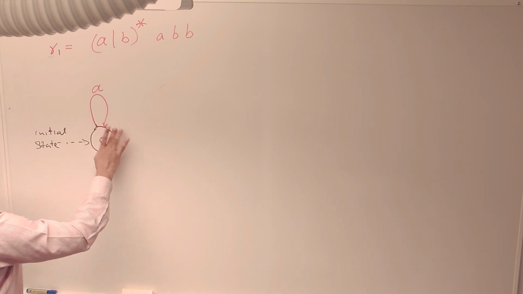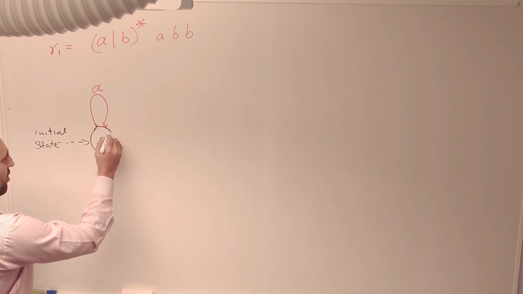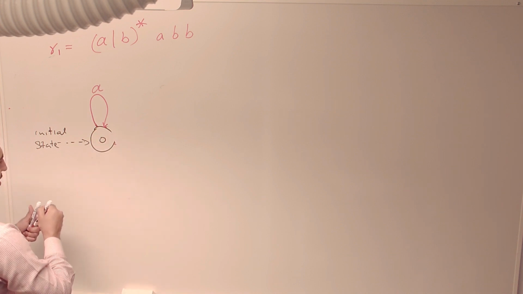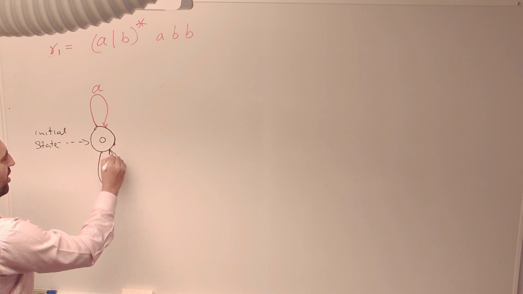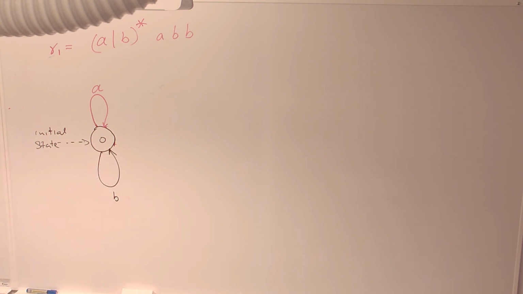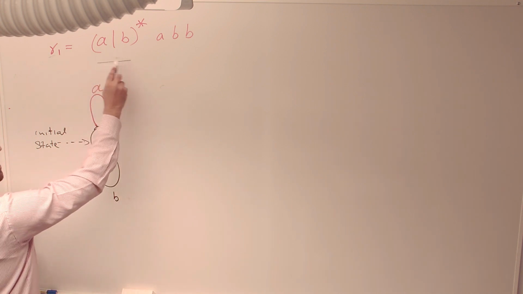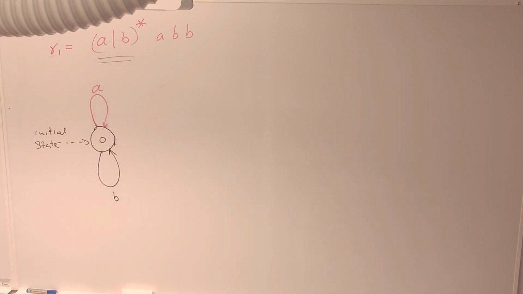And this looping edge is being used for both A and B. So now from this automata, I covered this part. A can come zero or more than once.